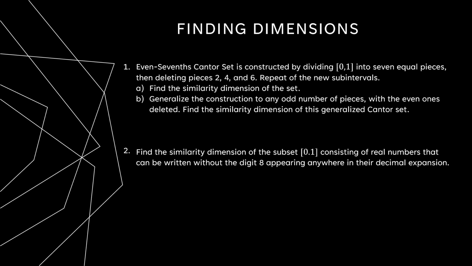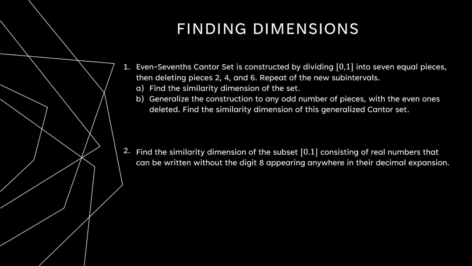And then if you generalize the construction of that even sevenths, you can come up with pretty much any kind of odd number piece Cantor set. So I know there's an even 11ths Cantor set that I've done a little bit of work with. It's kind of cool to see how that works. So play with that and see what you can get out with that.